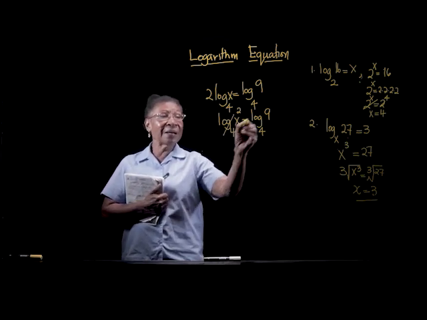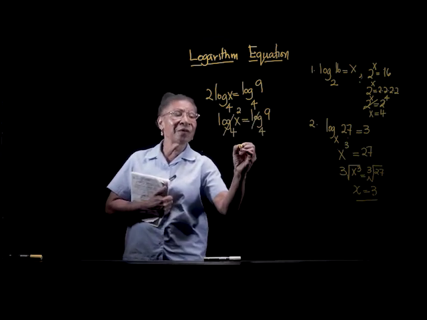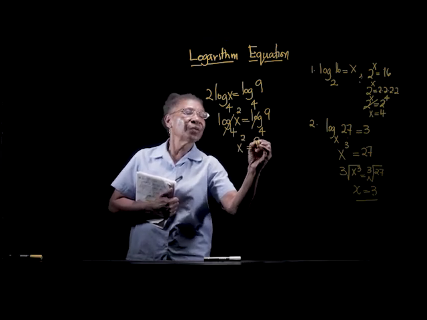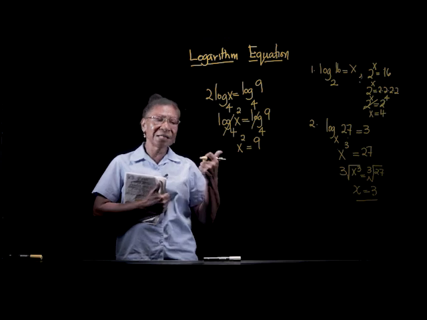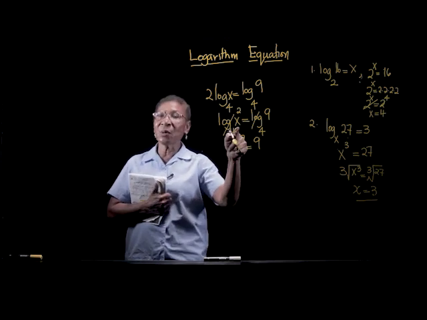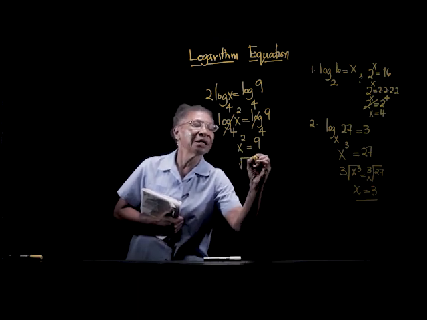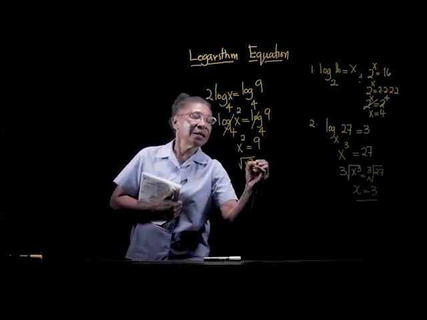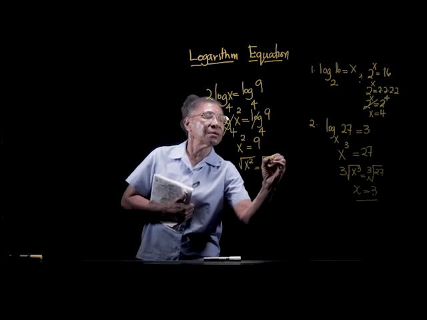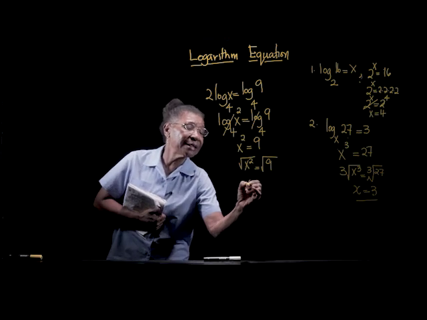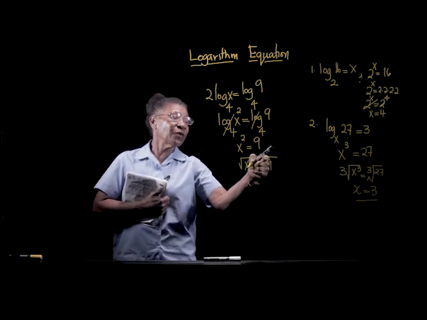I could simplify that, and I'm now left with x squared is equal to 9. Okay, 9 is a square number, and x squared is a square number. So I will have to balance it by taking the square root of x squared and the square root of 9.